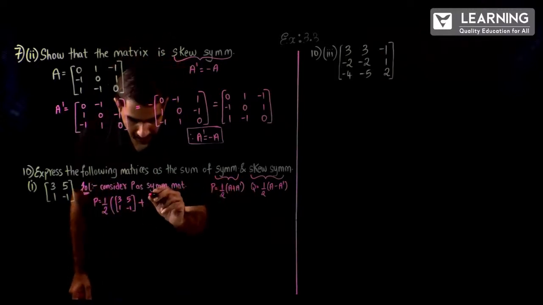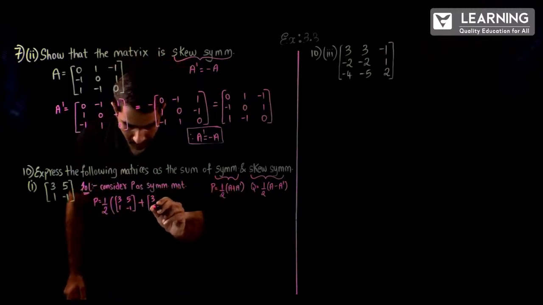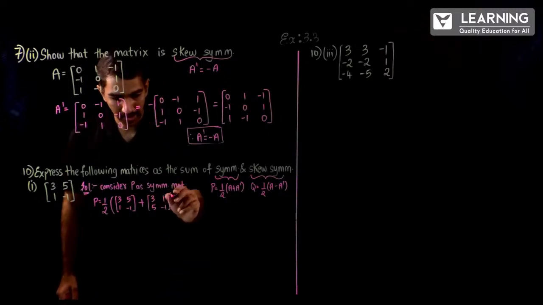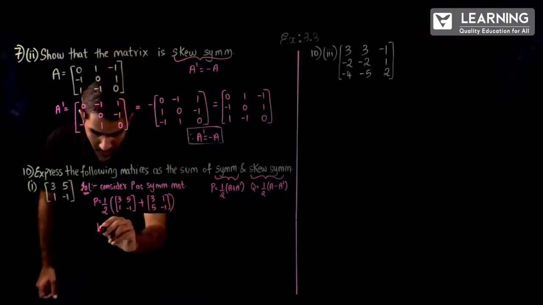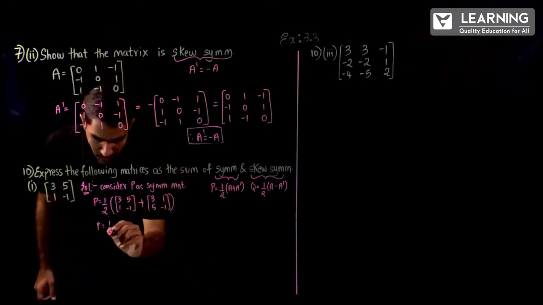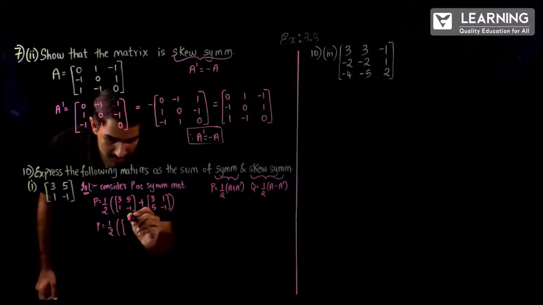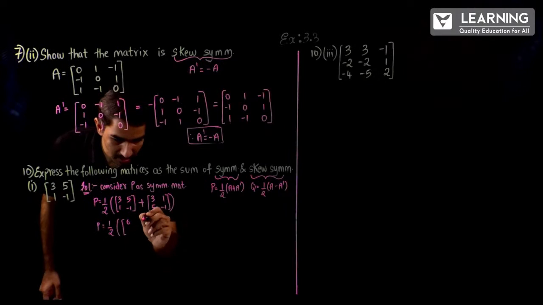So this will become 3, 5, 1, minus 1. Close the bracket. Add these both matrices. So here what will happen? P is equal to 1 by 2 of, open the bracket, 3 plus 3, 6, 5 plus 1, 6, 1 plus 5, 6, minus 1 minus 1, minus 2.